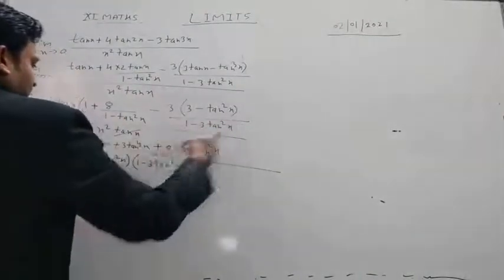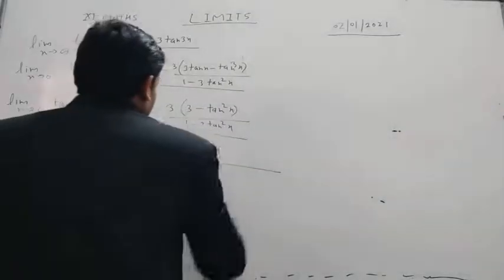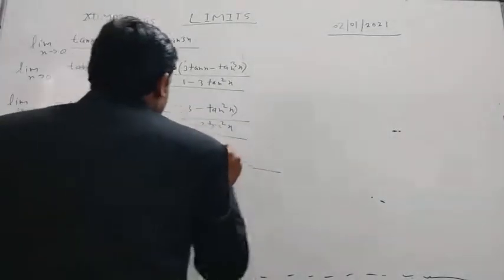Okay student, now this part is cancelled. Now we are multiplying with this 3.